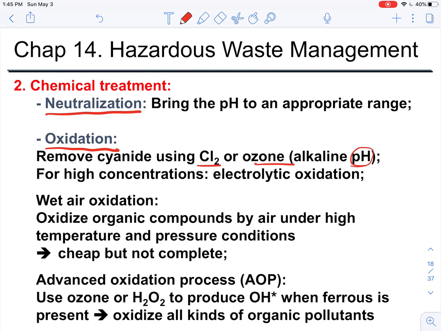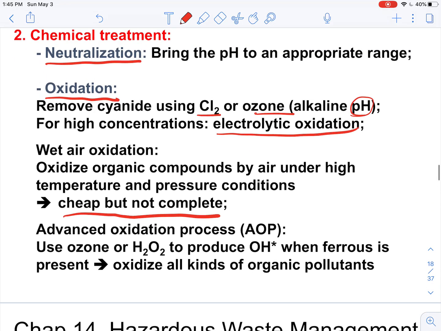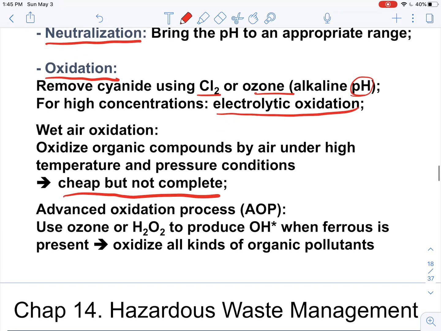For higher concentrations, we can use electrolytic oxidation. We can also use wet air oxidation, pumping in air at high pressure. The issue with this method is that although it's very cheap, it's not a complete oxidation, complete removal process.